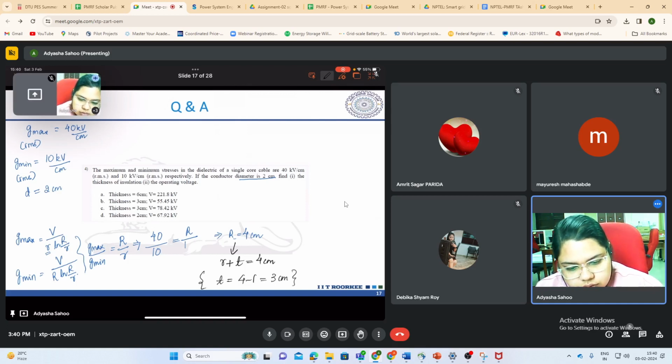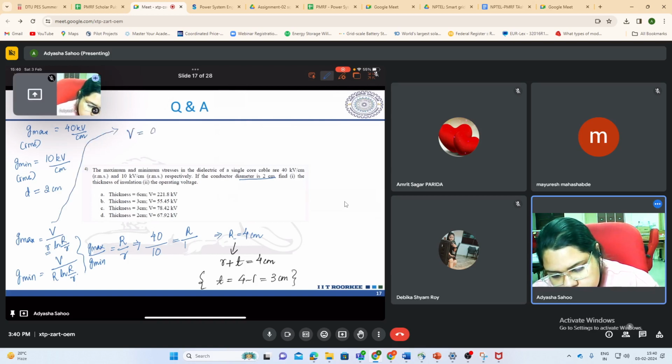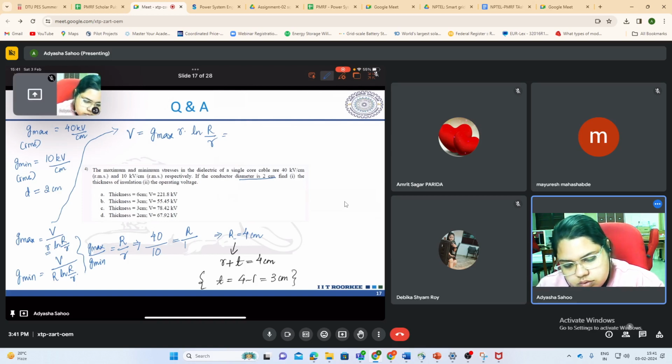The next, what we need to find? We need to find the operating voltage. So this, you can calculate either from this formula or this formula. So here V will be Gmax times r ln R upon r. So all these values you know, right?